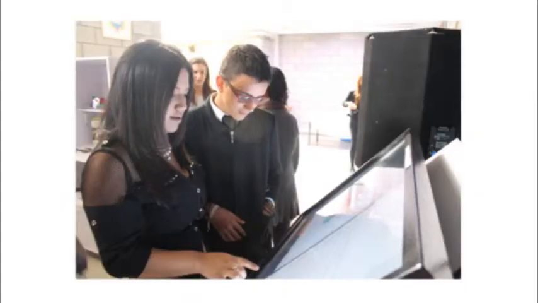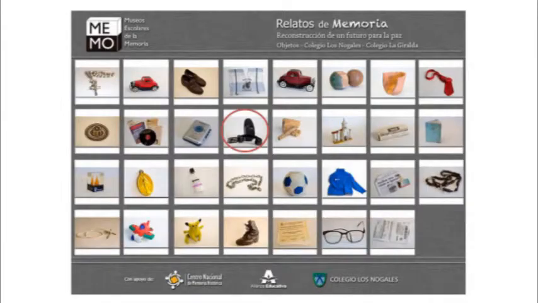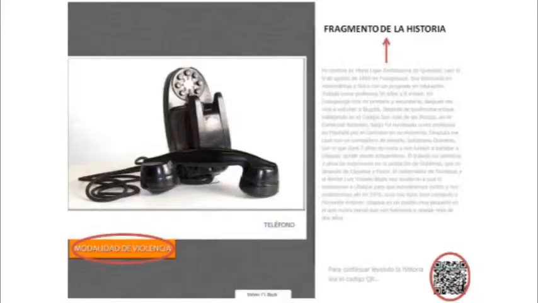Those objects were then incorporated into a touch screen with the software, and you can see the same objects but separated. Then you can touch on the screen, for example, on that telephone, and when you touched on that, you got a bigger image of the object and later a fragment of that story.